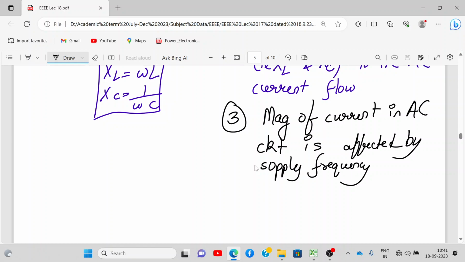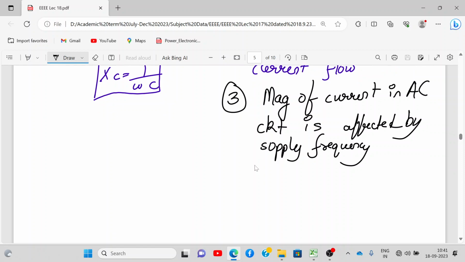Okay. In a DC circuit, if I want to add or subtract voltages, can I do that arithmetically? I can add and subtract voltages arithmetically. Can I do the same thing in AC? In AC, I cannot add the voltages arithmetically, but I will use phasor diagrams, right?